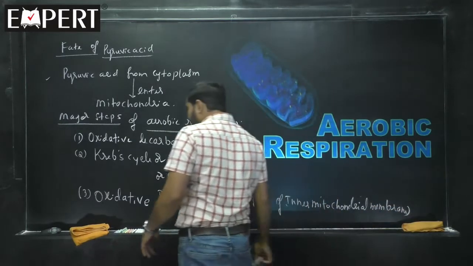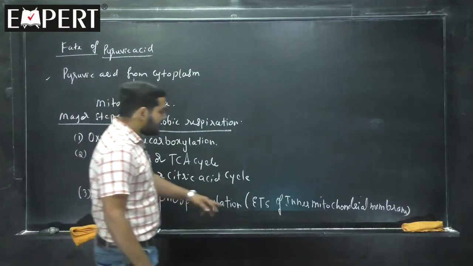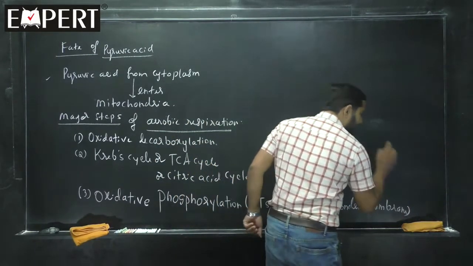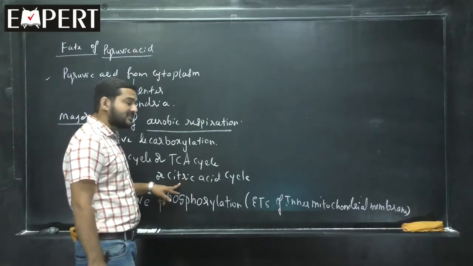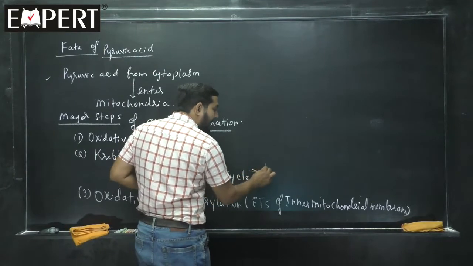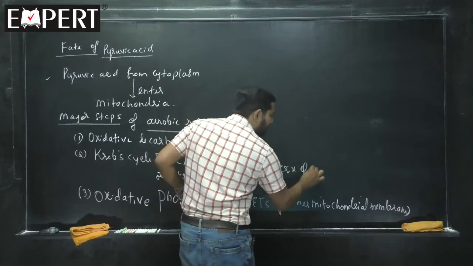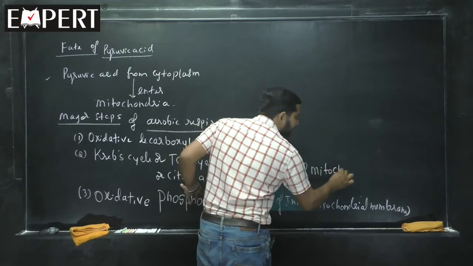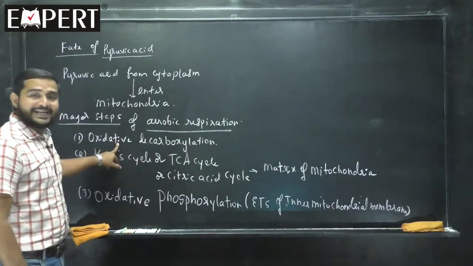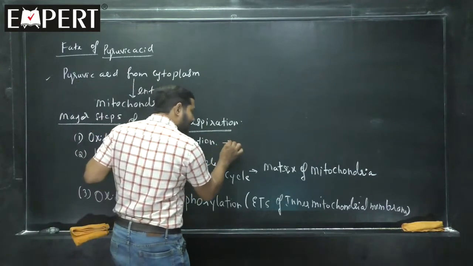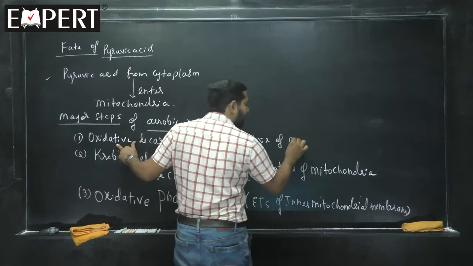So you got an idea now that the oxidative phosphorylation occurs in ETS of the inner mitochondrial membrane. Regarding the site of the Krebs cycle or TCA cycle or citric acid cycle, it occurs in the matrix of mitochondria. And the oxidative decarboxylation also occurs in the matrix of mitochondria.